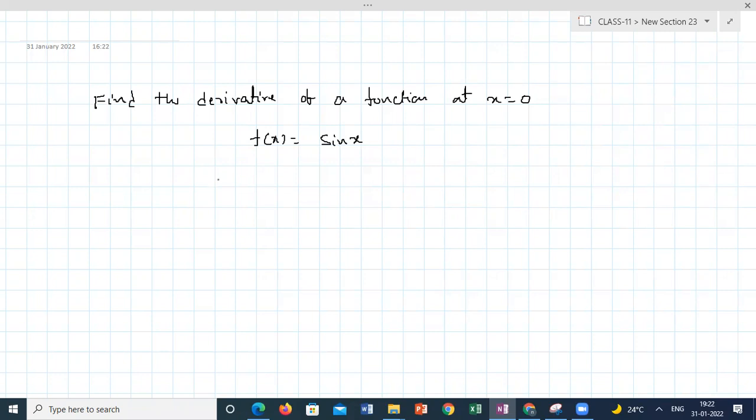So he is asking dy by dx at x is equal to 0. What is the definition of dy by dx according to the previous question? When y is equal to f of x, what is the value of y at x? If x is increased by a small value, x plus h, what is the y value?